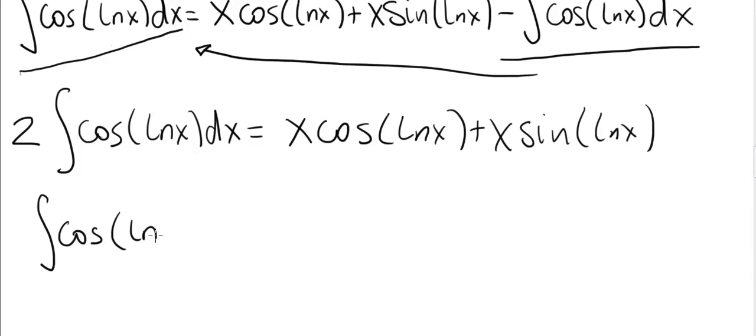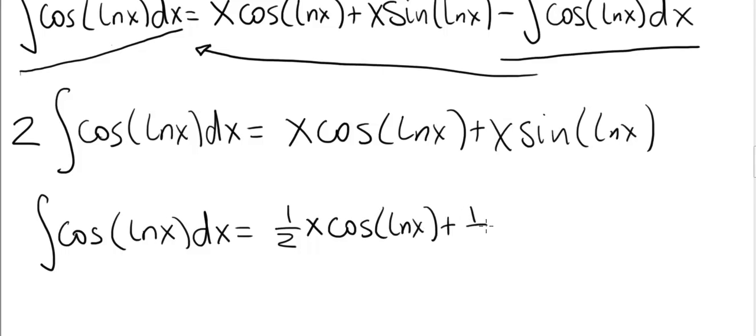The integral of cosine of ln of x is equal to 1/2 x cosine of ln of x plus 1/2 x times the sine of ln of x. And now we can add a constant of integration c. And so this is how applying integration by parts twice leads to the solution of this integral.